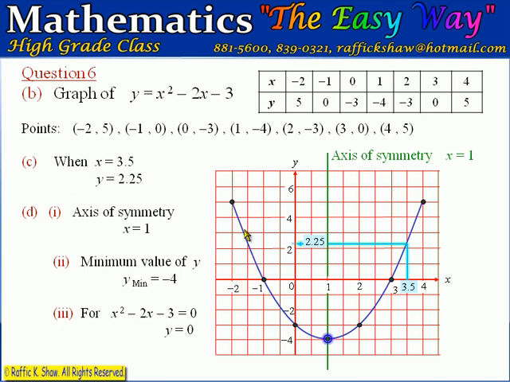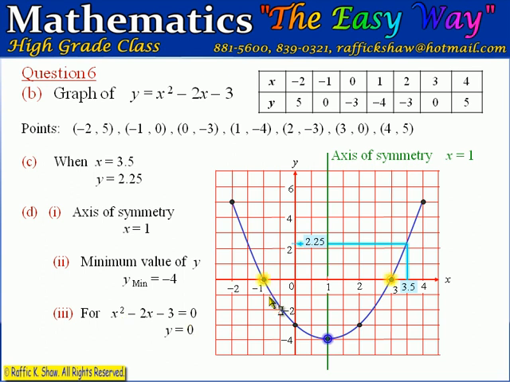So on the graph, y is equal to 0 at this point and also at this point. And in fact, in the table we could see that y is 0 when x is negative 1, and also y is 0 when x is 3. We can see that on the graph. X is 3 when y is 0 here, and x is negative 1 when y is 0 here. So these 2 points are the points representing the solution for this quadratic equation.